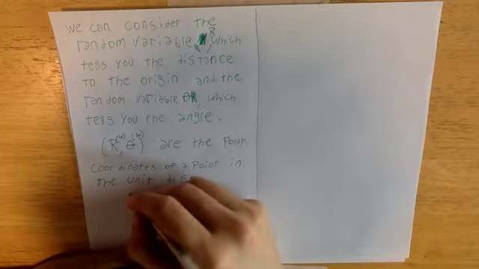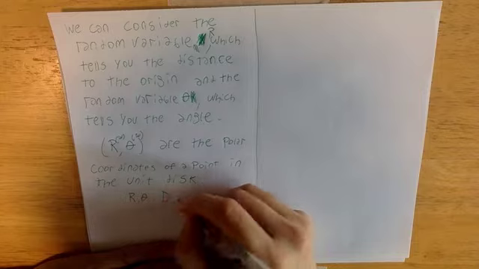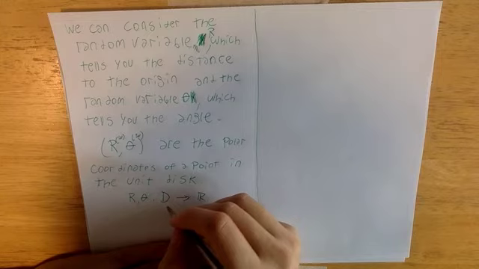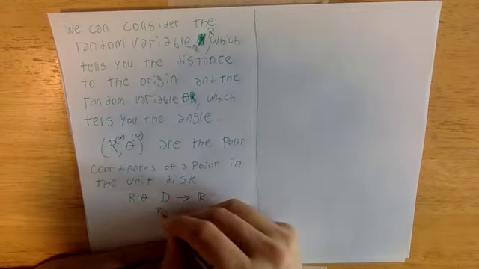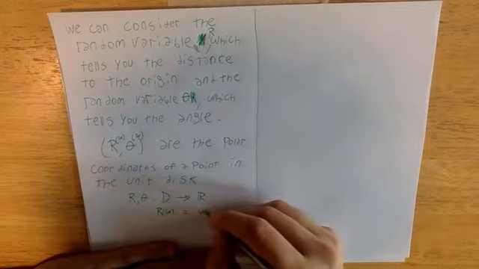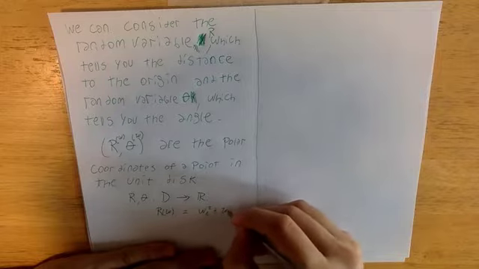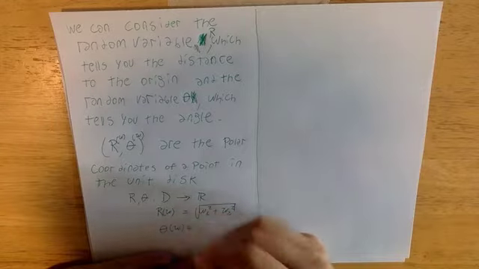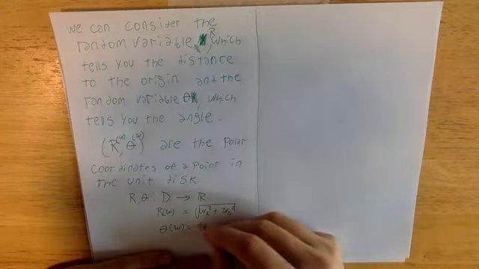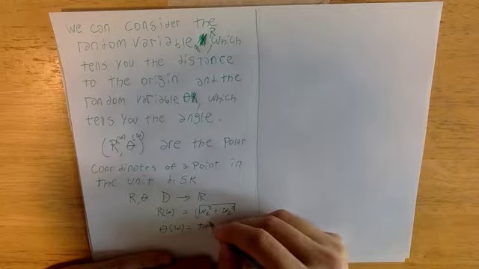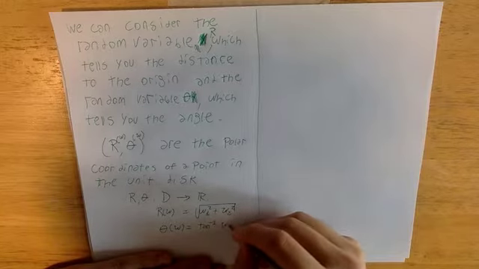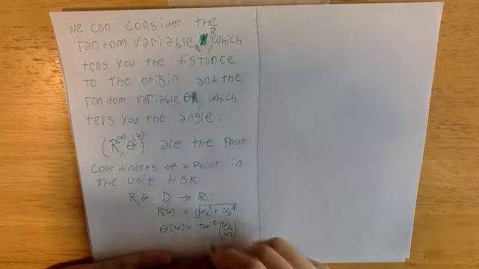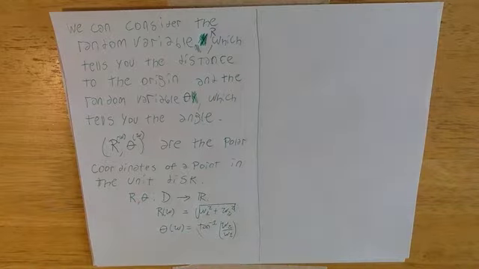R and theta are going from the unit disk onto the reals, which is basically saying r of omega is going to be the square root of omega 1 squared plus omega 2 squared, and theta of omega is going to be the tan inverse of omega 2 over omega 1 or something like that. And you have to normalize this, among other things.